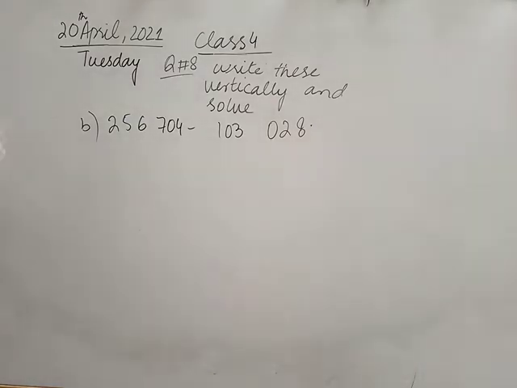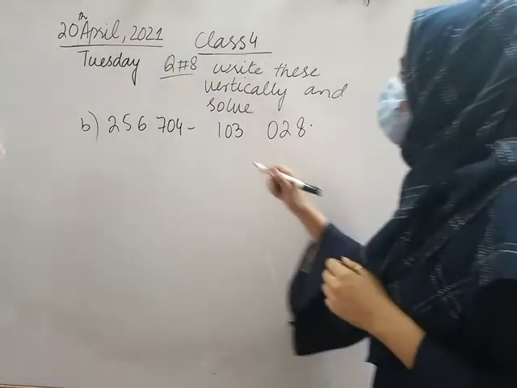So my first number, class, is 256 space 704 and my second number is 103 space 028. So what would I do? According to the statement, I have to write this first in vertical form. I will first write this in vertical form.